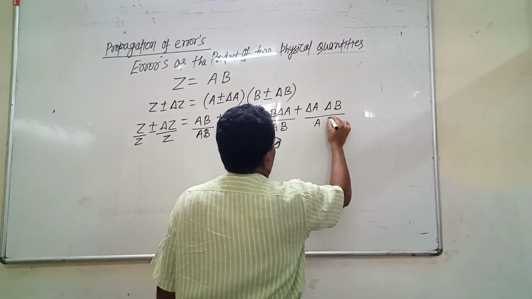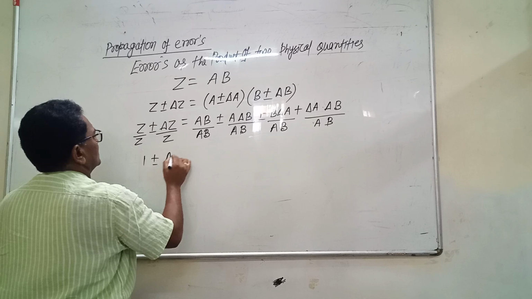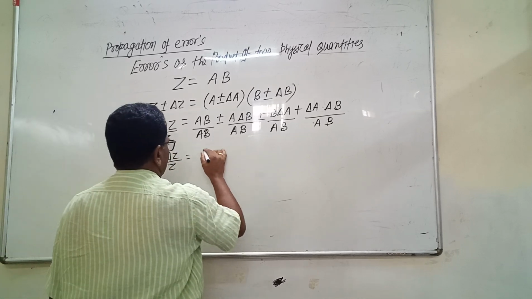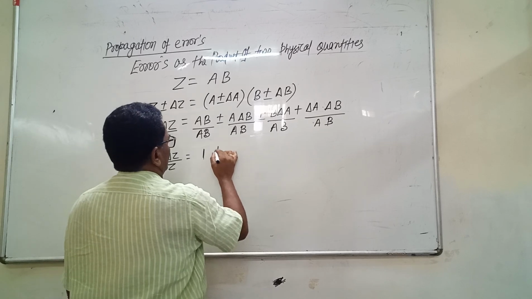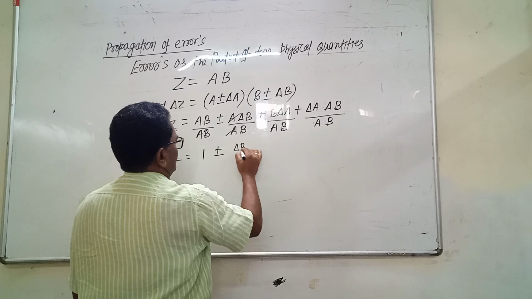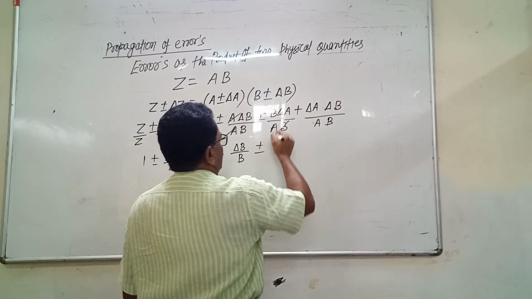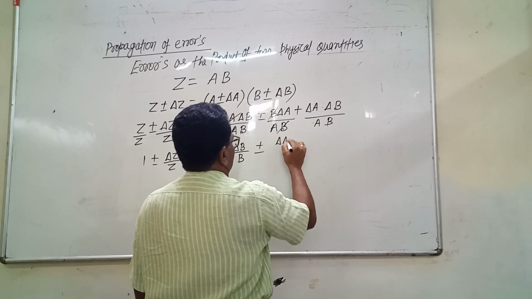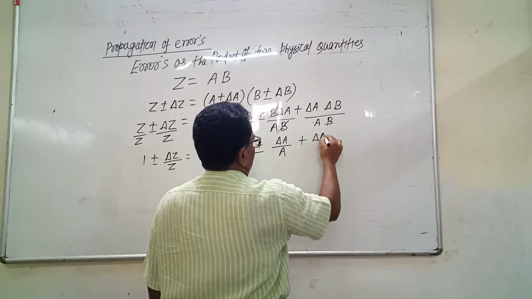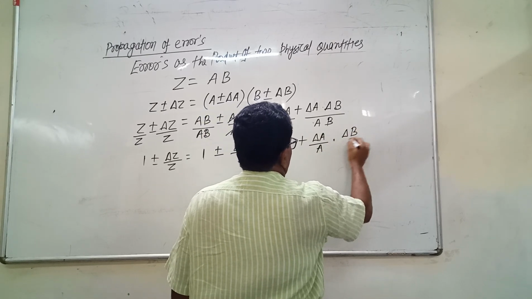So it comes 1 plus minus delta Z by Z equals AB divided by AB, 1, plus minus A and A get cancelled, delta B by B, plus minus here B and B get cancelled, delta A by A, and this may be written as delta A by A into delta B by B.